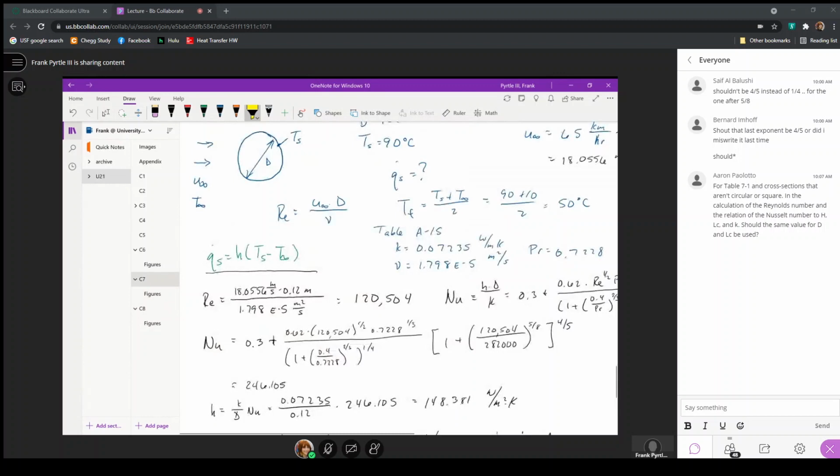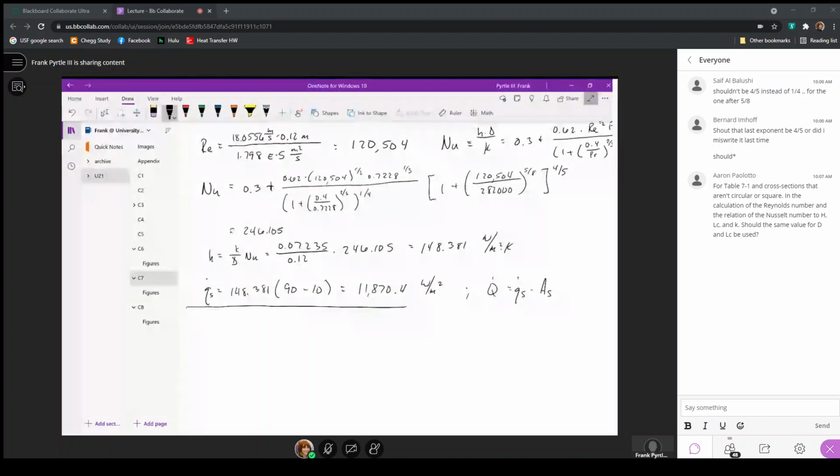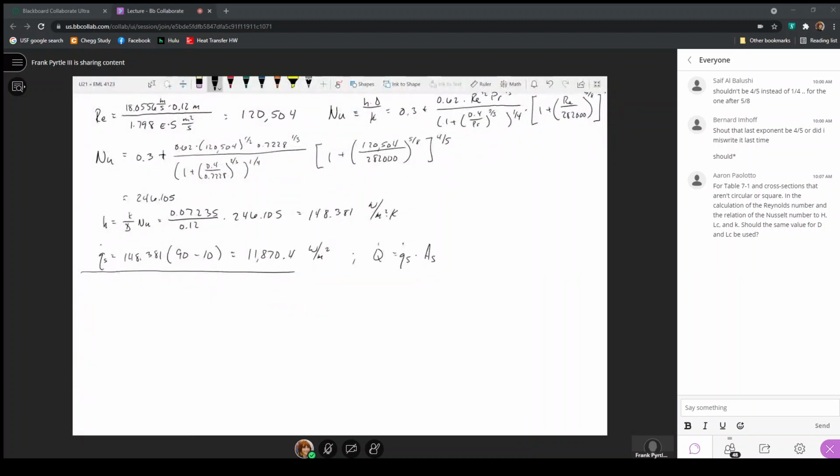So here, the Reynolds number is equal to 120,504, which falls between that 40,000 and 400,000. The Nusselt number was 0.027 times the Reynolds number raised to the 0.805 times the Prandtl number raised to the 1/3.